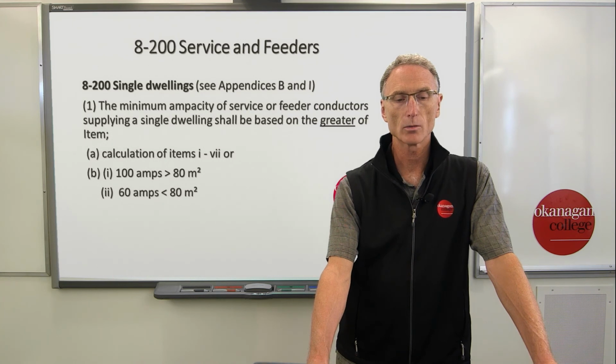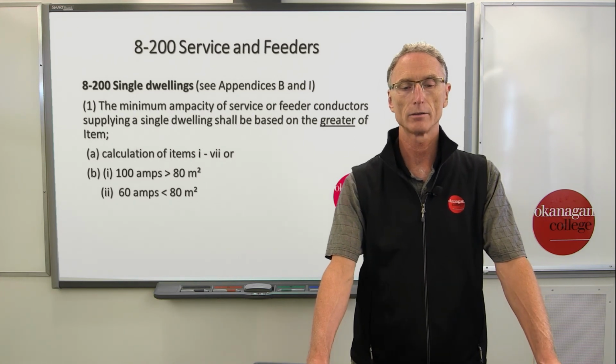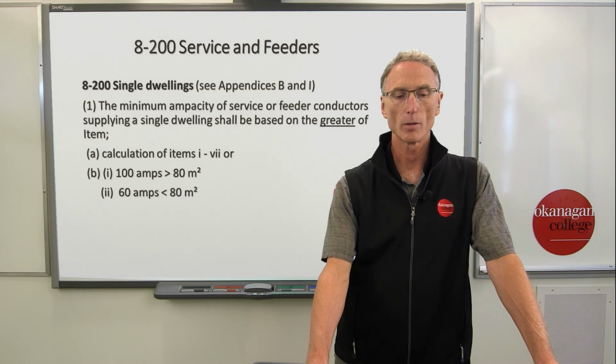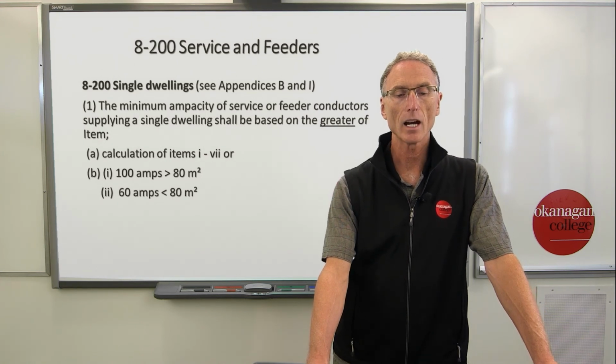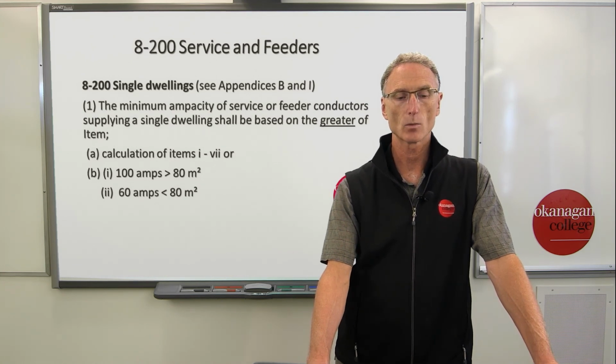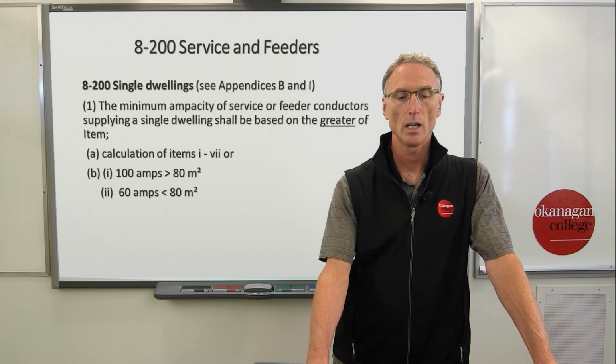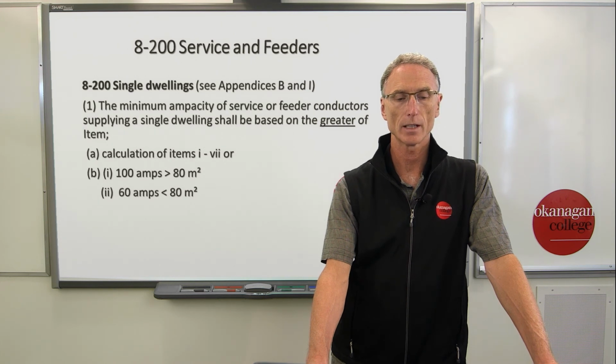Our 8200 single dwelling tells us that the minimum ampacity of the service or feeder conductor supplying a single dwelling shall be based on the greater of item A or B. A tells us the calculation of items 1 through 6. And B is what we just looked at, items 1 and 2. That's 100 amps if it's greater than 80 meters squared, or 60 amps if it's less than 80 meters squared.